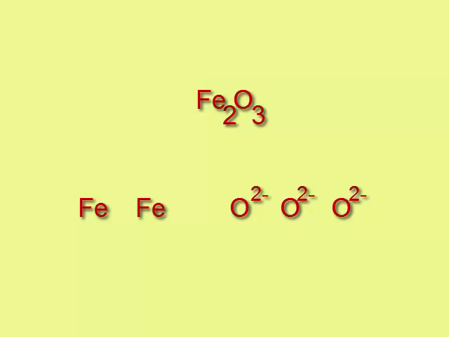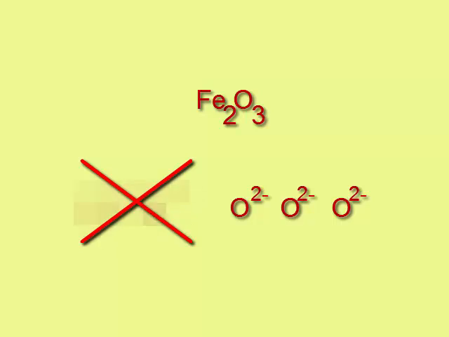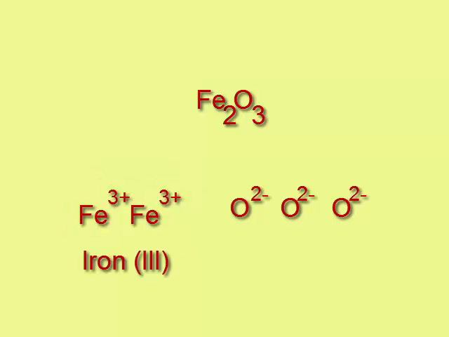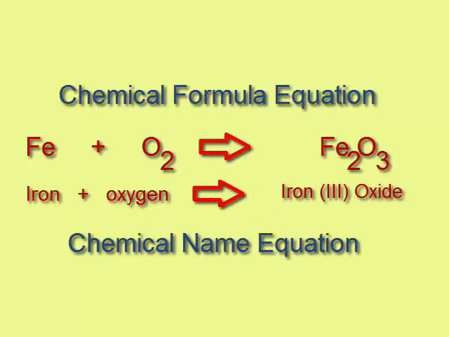If oxygen is 6-, the only way that we can chemically combine iron with it in a 2:3 ratio is if it was iron 3+. If it was iron 2+, there'd only be 4 positive and 6 negative, and that's not balanced. So Fe2O3 requires iron 3. So remember that we have to assign it the appropriate name. So this is iron 3 oxide in our rust chemical reaction.